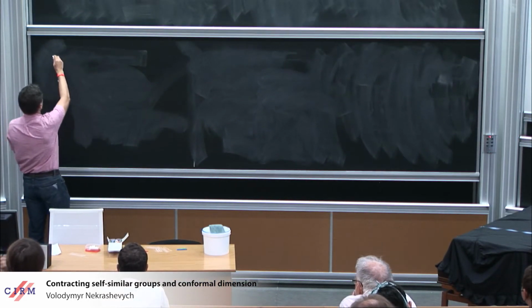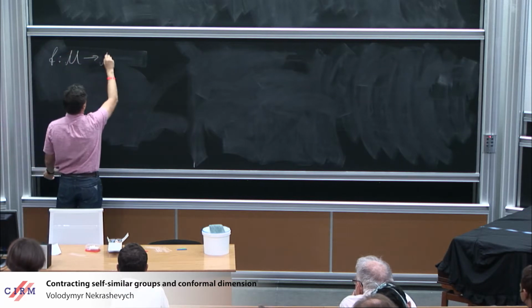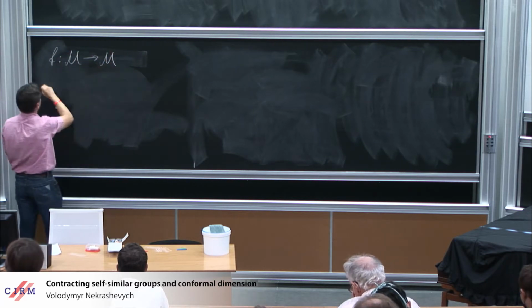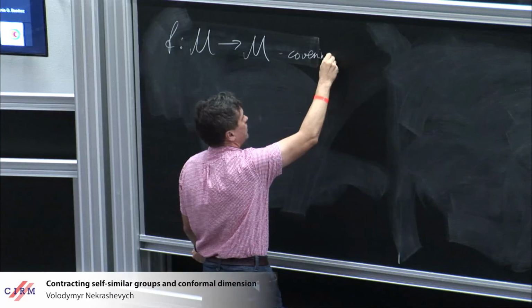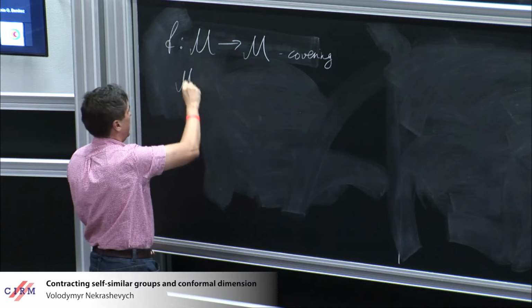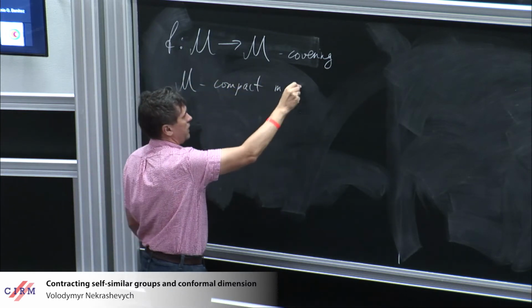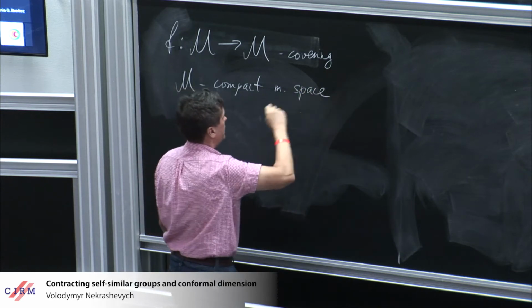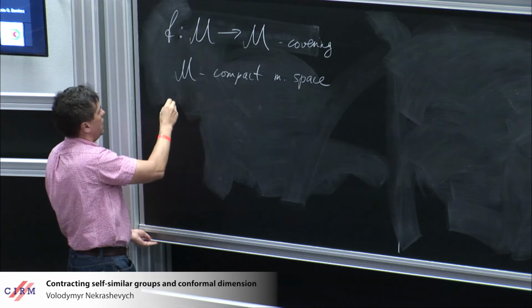So the setting is a covering map, where M is a compact metrizable space or a metric space. The metric is not very important here. Yeah, it will be important.